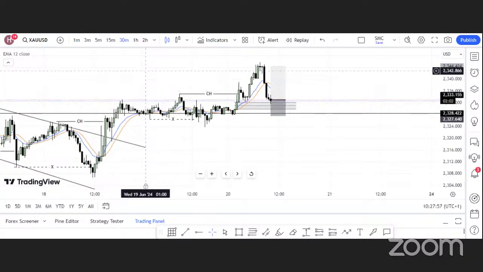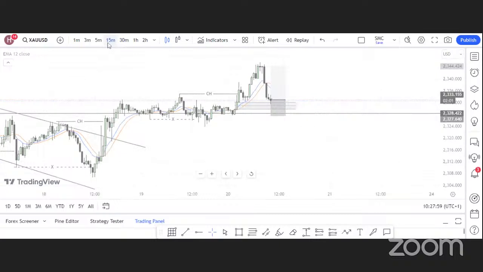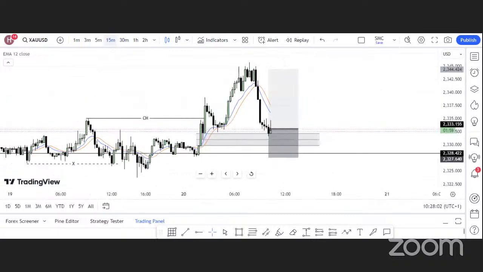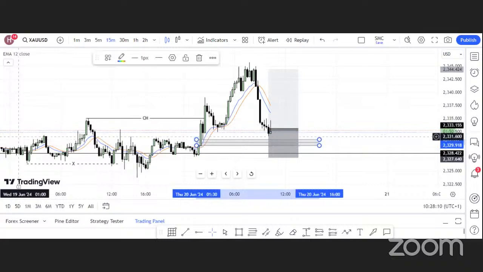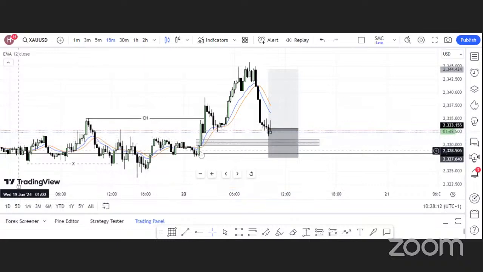And you can still go to the 15 minutes time frame to wait for an even more proper entry. Okay. So on the 15 minutes time frame, we can still refine our entry to this level because as you can see, we have a fair value gap below this bearish candle. Okay.